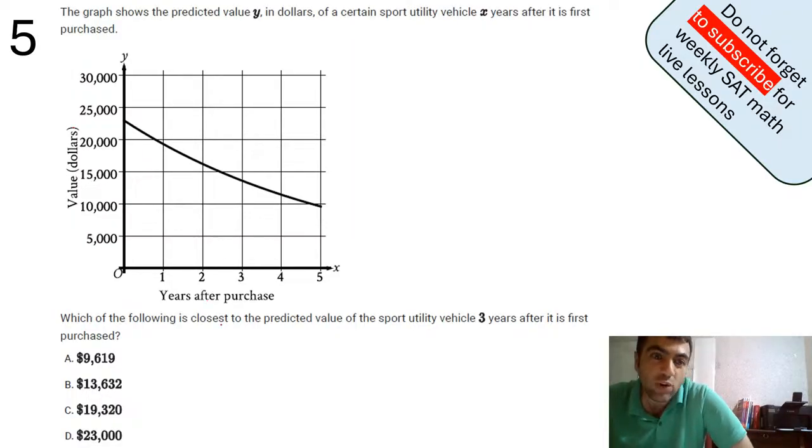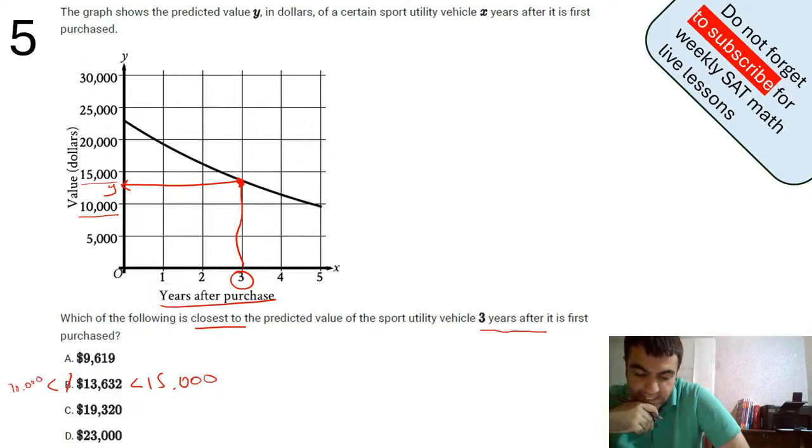Which of the following is closest to the predicted value of the sport utility vehicle 3 years after it is first purchased? 3 years after purchase, we go to this point and we find the y value of this point. It should be between 10,000 and 15,000, right? This is B actually. It is less than 15,000 and greater than 10,000.